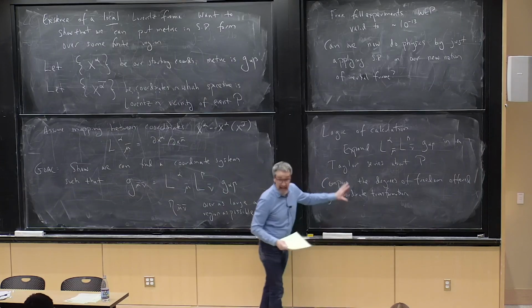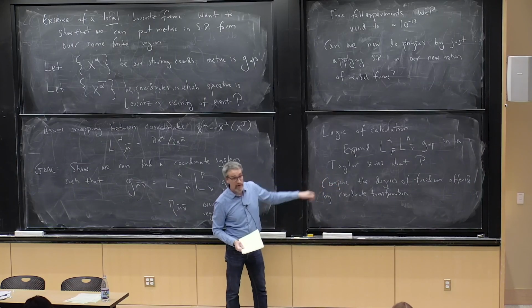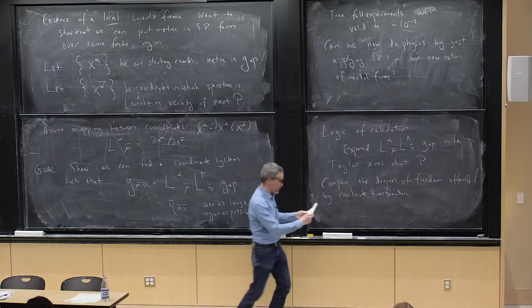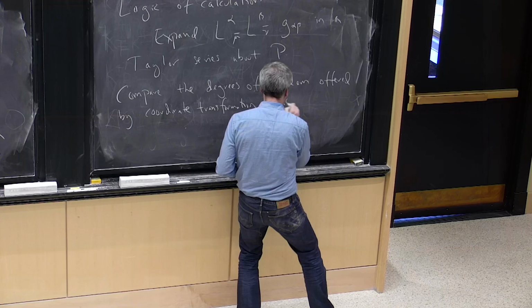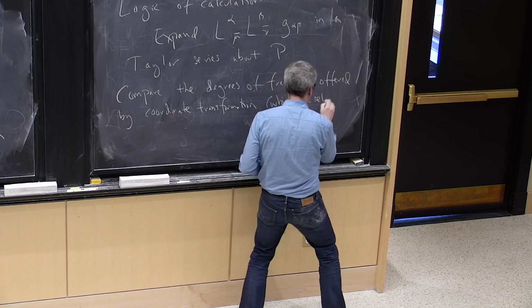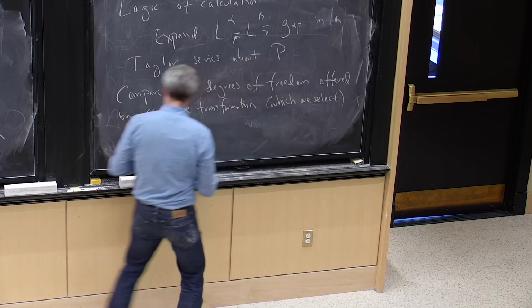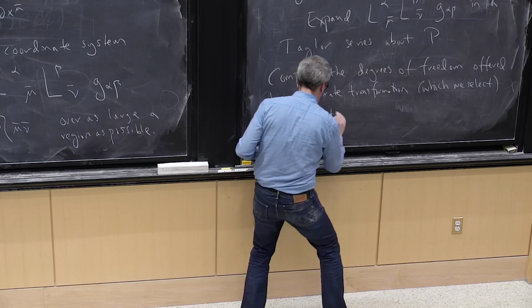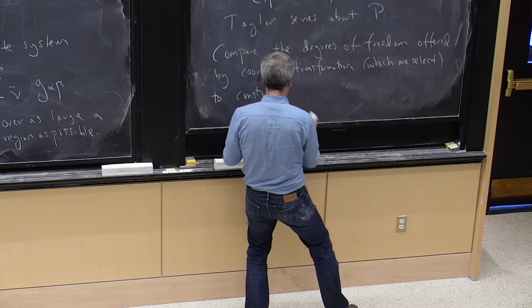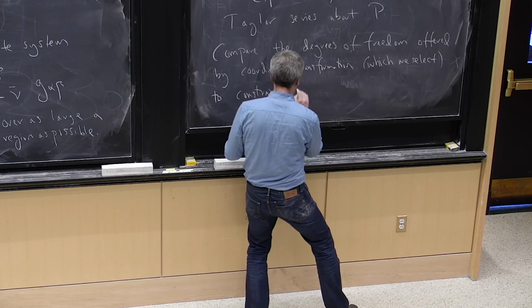So the coordinate transformation and its derivatives, right? We're free to sort of play around with this thing. It's under our control. To the constraints that are imposed by the metric and its derivatives, which we are given.